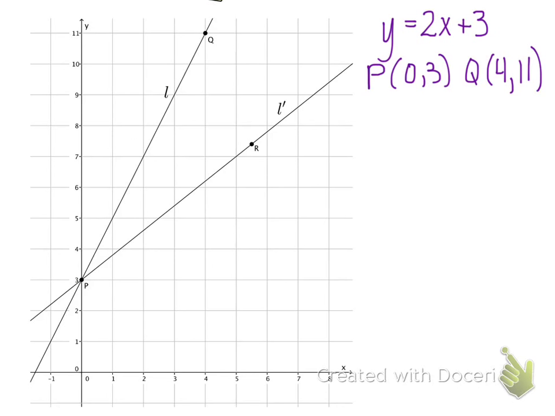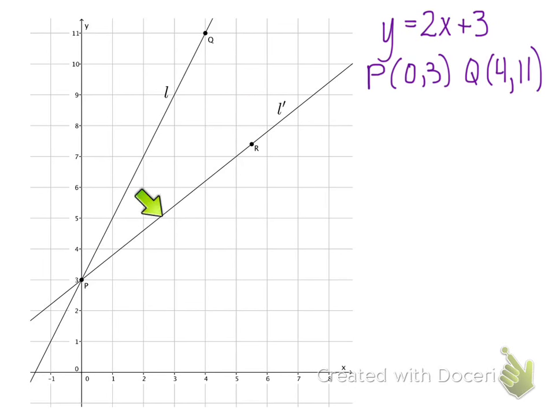So here's line L going through points P and Q. So what we're trying to show is that any point that's a solution to y equals 2x plus 3, to that equation, is on line L. Okay, so we're going to start with a diagram that shows point R, and we're saying point R is a solution to y equals 2x plus 3, but we've drawn it so that it's not on line L. So what we need to do is to show, if we have it here on line L prime, right here.